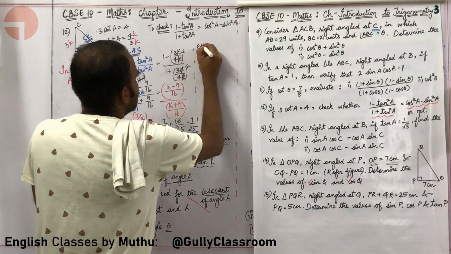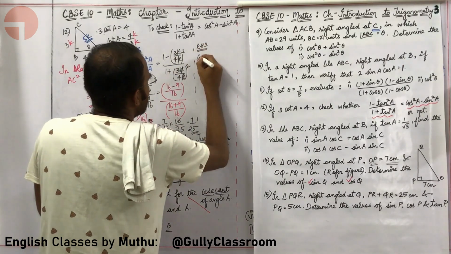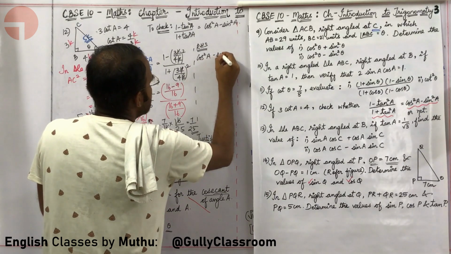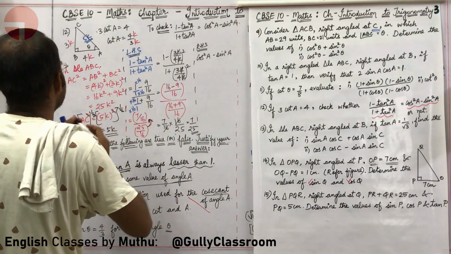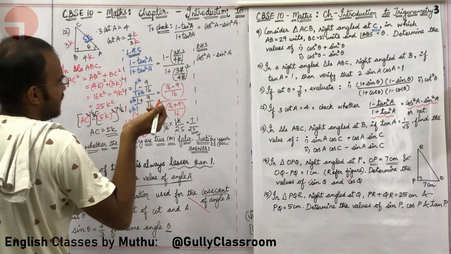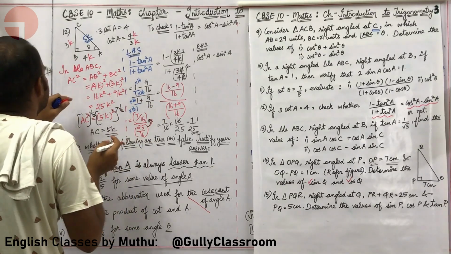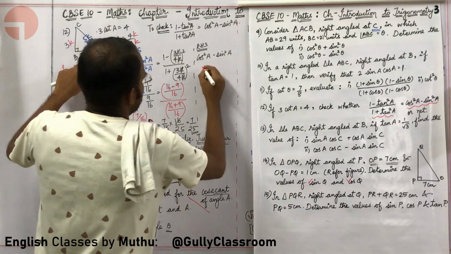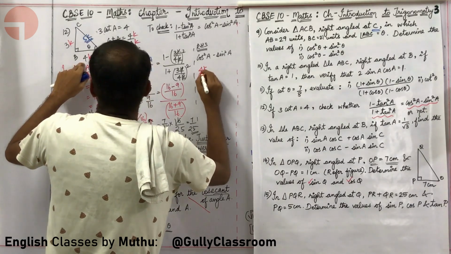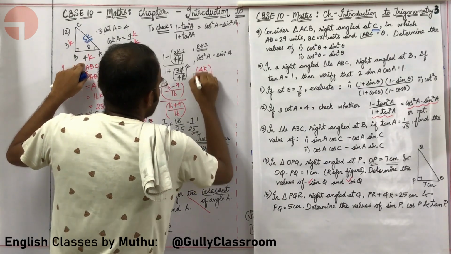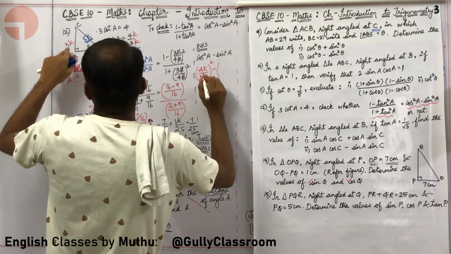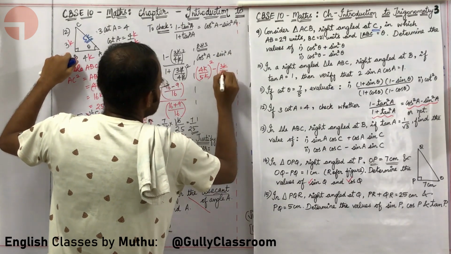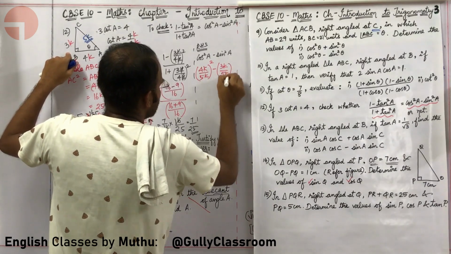Now we need to calculate the RHS. What is the RHS? Cos square A minus sin square A is the RHS. What is cos square A? The value of cos square A is adjacent side by hypotenuse. So adjacent side over here is 4k divided by hypotenuse 5k, whole square, minus sin square A, which is opposite side by hypotenuse whole square.